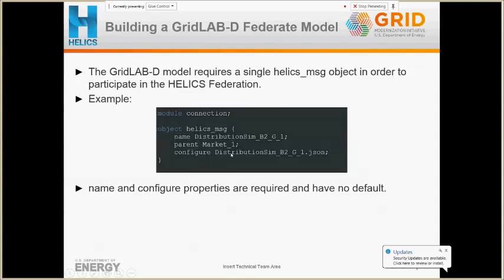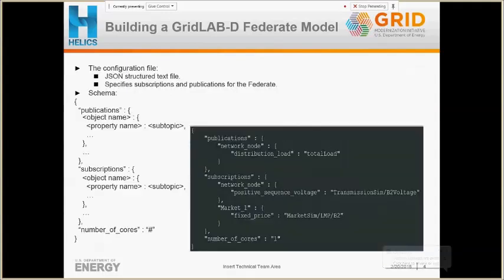In the configure script here, it says JSON script. I will go to the next line here to talk about that. This configuration file is a JSON structured text file. It specifies subscriptions and publications for the federate. Right now, GridLAB-D implements the value federate.